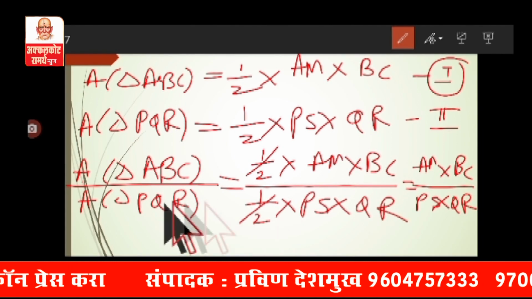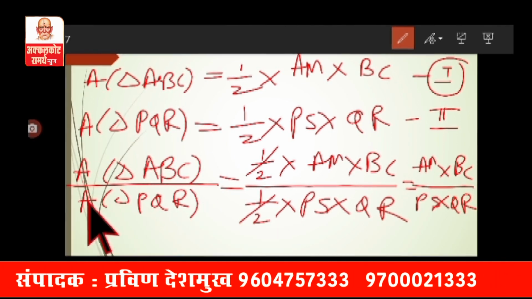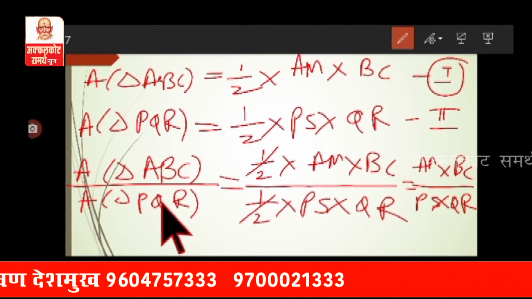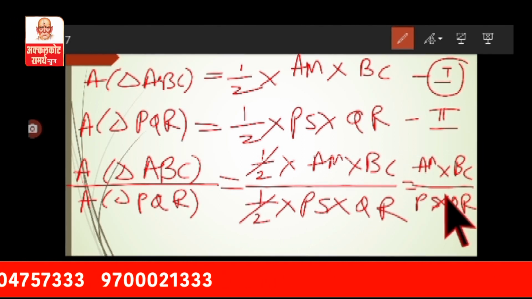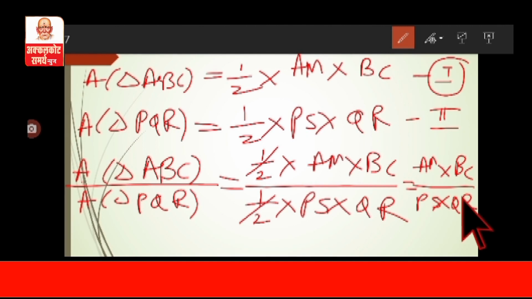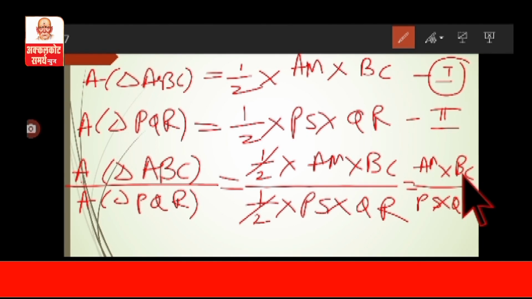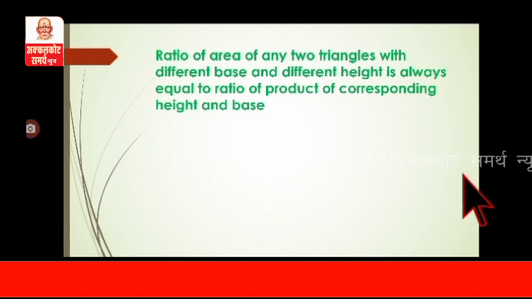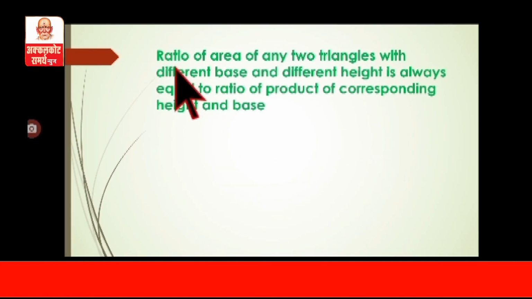Means you got that ratio of areas of any two triangles is equal to ratio of product of their corresponding base and height.